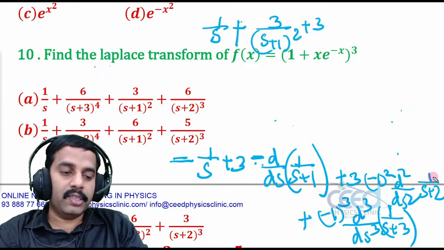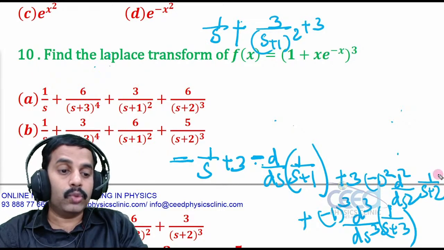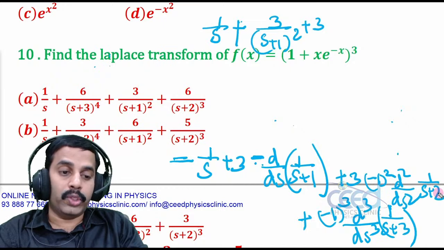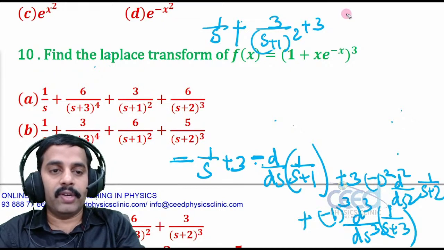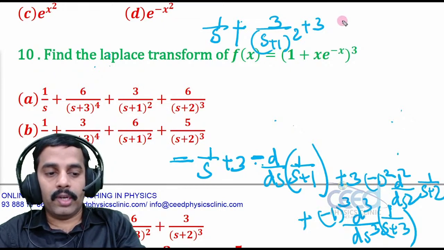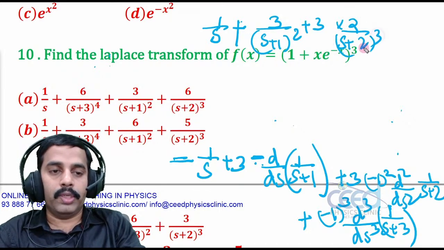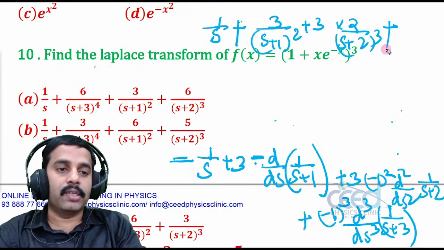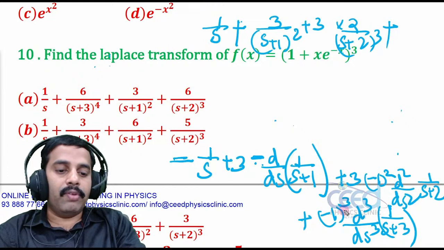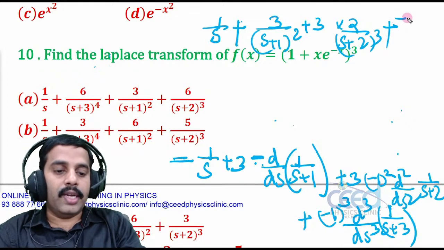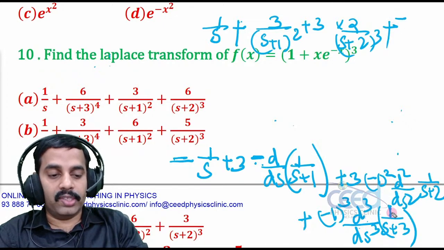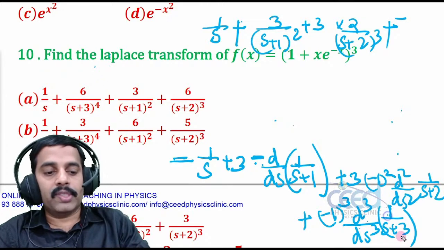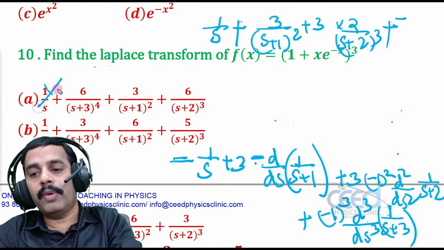Again differentiation, we have minus 2 by s plus 2 whole cube. That is negative and negative cancel. So we will have 2 by s plus 2 the whole cube, right? So 6 by s plus 2 the whole cube. Next term is, we have a minus 1 here, and we have 3 differentiations. First differentiation, 1 by s plus 3 on differentiation gives minus 1 by s plus 3 the whole square.